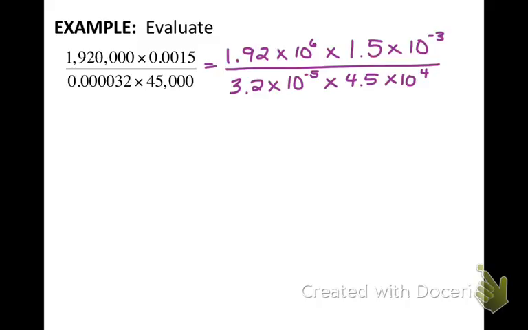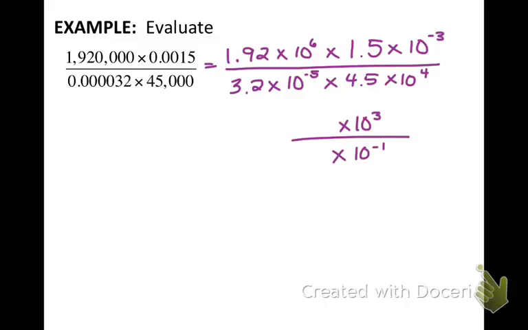Tens are like bases, right? So what can I do with the exponents of like bases? So 10 to the 6th times 10 to the negative 3 would be 10 to the 3rd. In my denominator, what would my base of 10's exponent be? Negative 1.